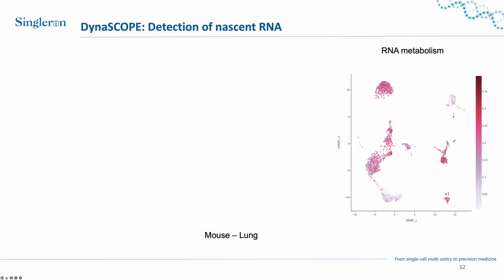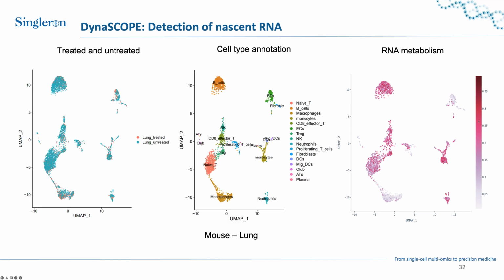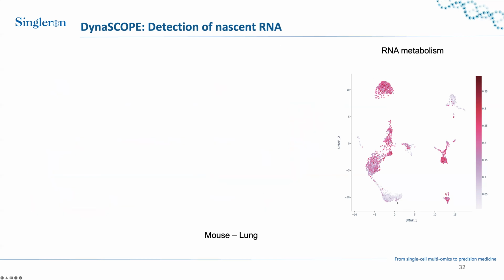The really faint colored ones are cell clusters that are not very active, while the dark color indicates very active cells. In this sample, for example, neutrophils, monocytes, NK cells, and B cells are very active, whereas this cluster for macrophages is not very active.